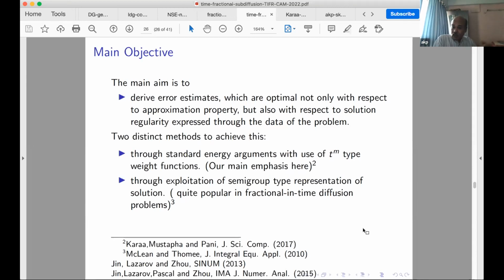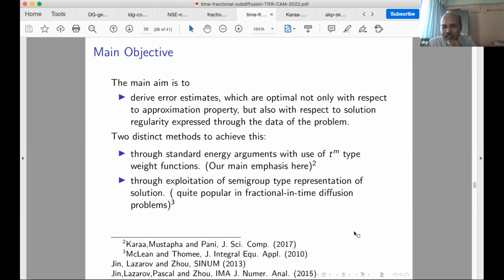Your data means your U0 and F. Earlier, all analyses used the Laplace transformation technique, but while doing finite element computation, they used energy type arguments, the weak formulation. So the energy argument which we are trying to use here is going to open up even for time dependent problems.